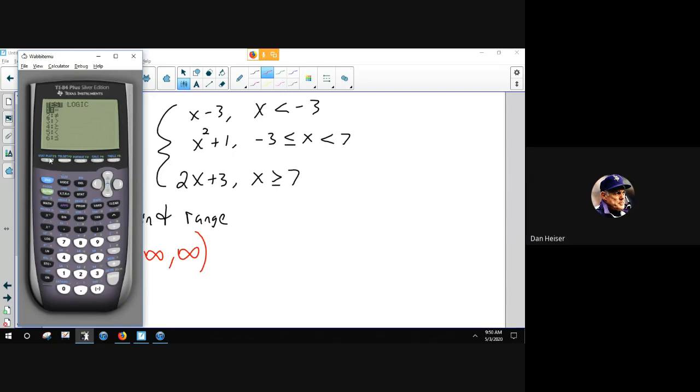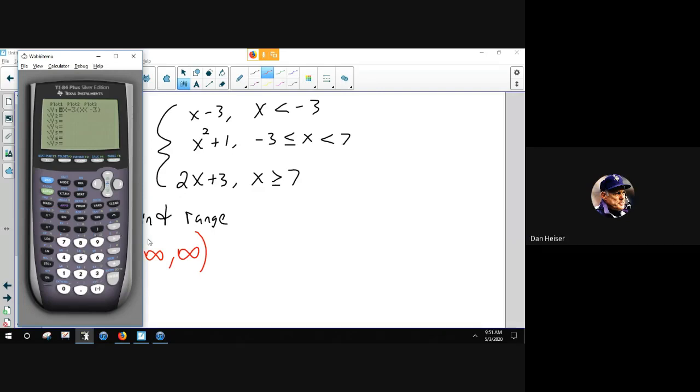Actually, I have to get out of this because I messed up. First, I have to type x inside that parenthesis. Then I go to second math. And I see all these symbols here. So I have to go to number 5. Type in negative 3.